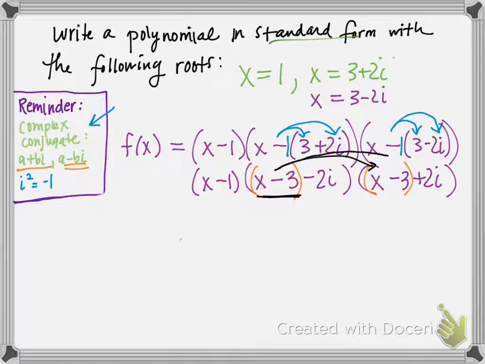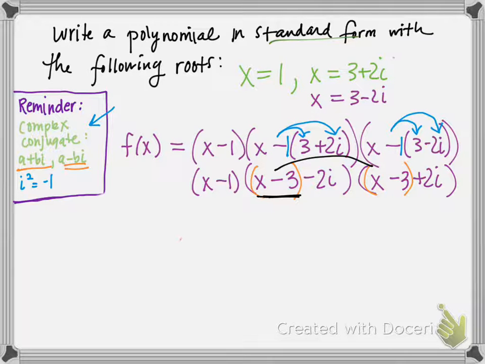And if you distribute it to the 2i, you would have 2i times x minus 3. Then you would distribute this to both terms, so I would have -2i times x minus 3. Now remember, we just distributed x minus 3 times positive 2i, and if you do -2i times x minus 3, that creates a zero pair.